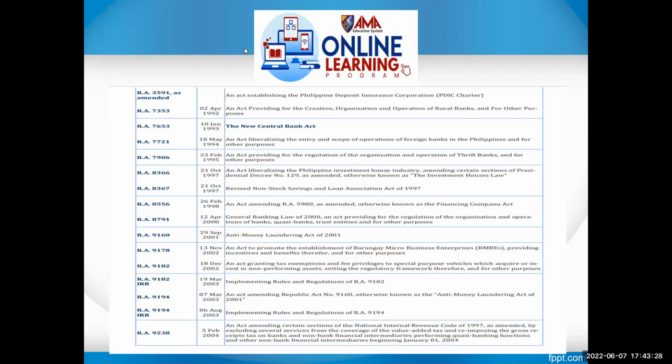RA 9182, an act granting tax exemptions and fee privileges to special purpose vehicles which acquire or invest in non-performing assets, setting the regulatory framework therefor and for other purposes, and the IRR or the implementing rules and regulations of that particular law. In 2003, the Anti-Money Laundering Act was amended as RA 9194.